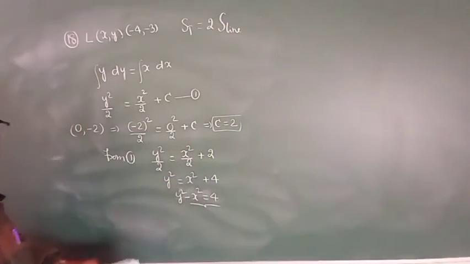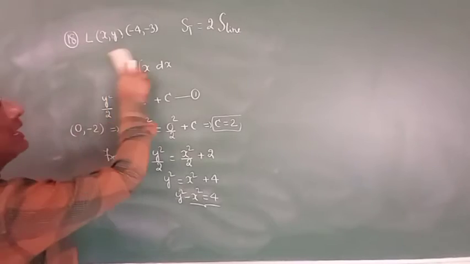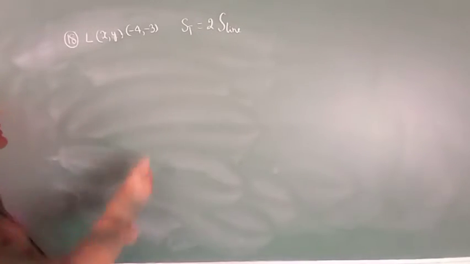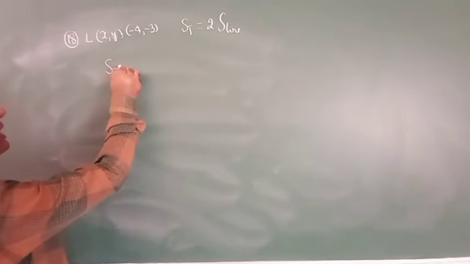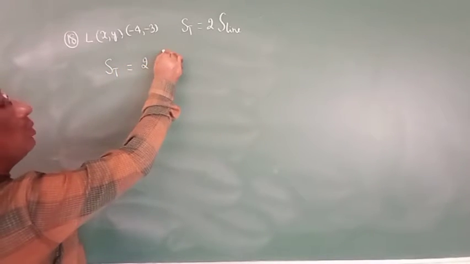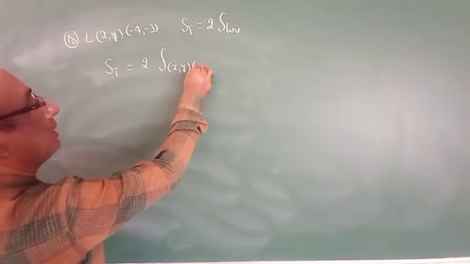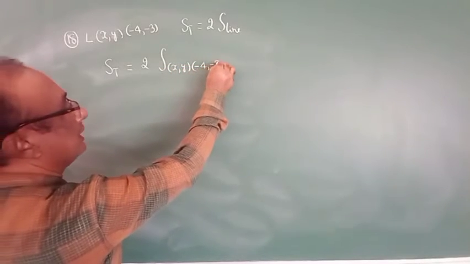Right, everyone write down: the slope of the tangent is equal to twice the slope of the line joining (x, y) and (minus 4, minus 3).